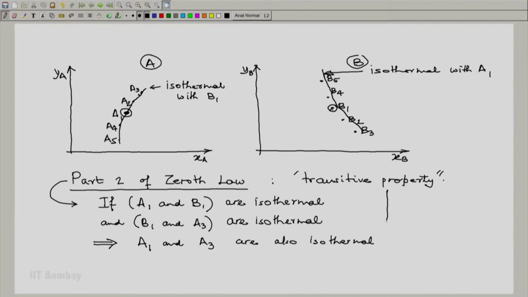This is the second part, which we call the transitive property. Let us see in some detail what this transitive property means.